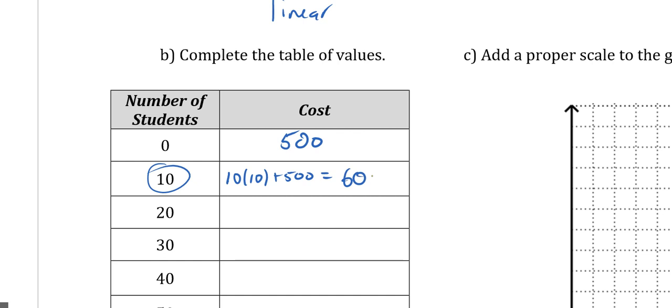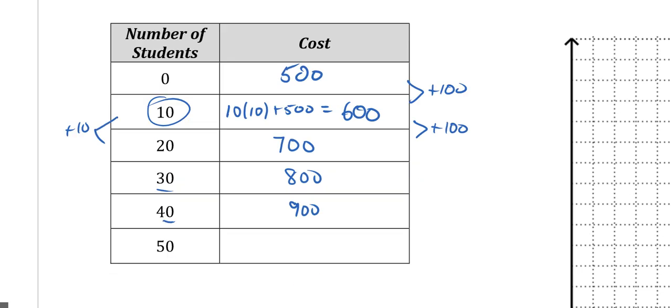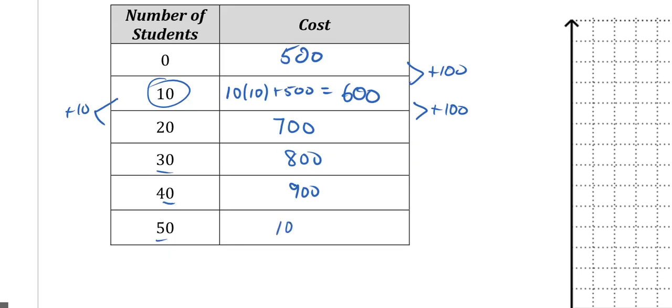Hopefully a lot of people would think you're starting at 500, and if you're adding 10 students at $10 per person, you're adding 100. And if this goes up 10 students again, this is going to add 100 again. However you get these, you can do it different ways. So adding another 10 adds another 100, another 10 adds another 100, another 10 adds another 100.